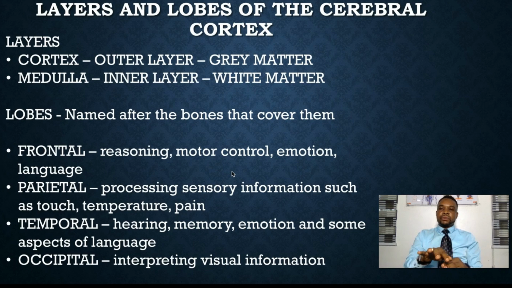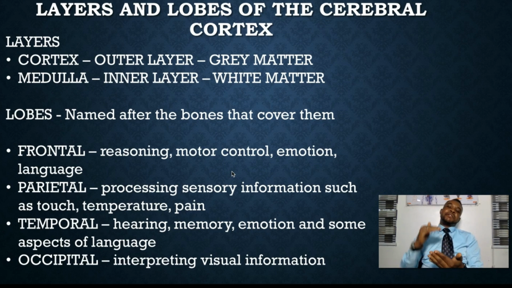We have the frontal bones. The part that is within the frontal bone is called the frontal cortex, or the frontal lobe. This frontal lobe basically is responsible for reasoning, motor control, emotions, and language. Those centers are located within the frontal lobes of the brain.